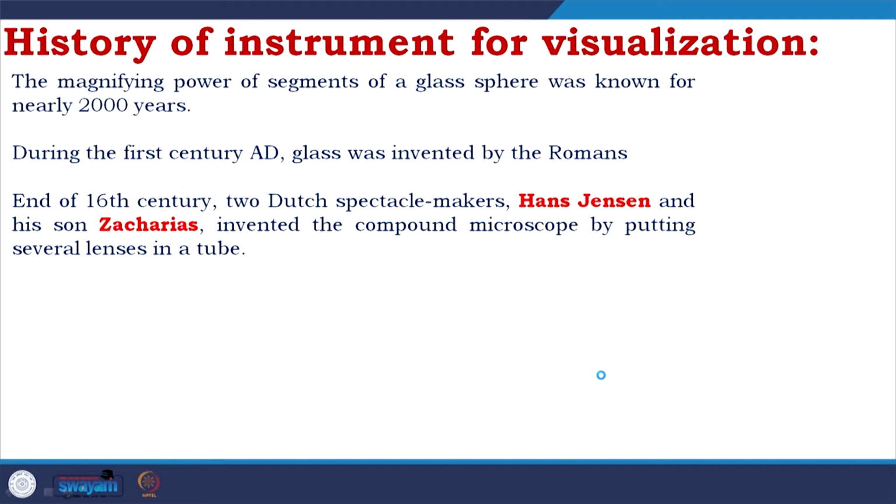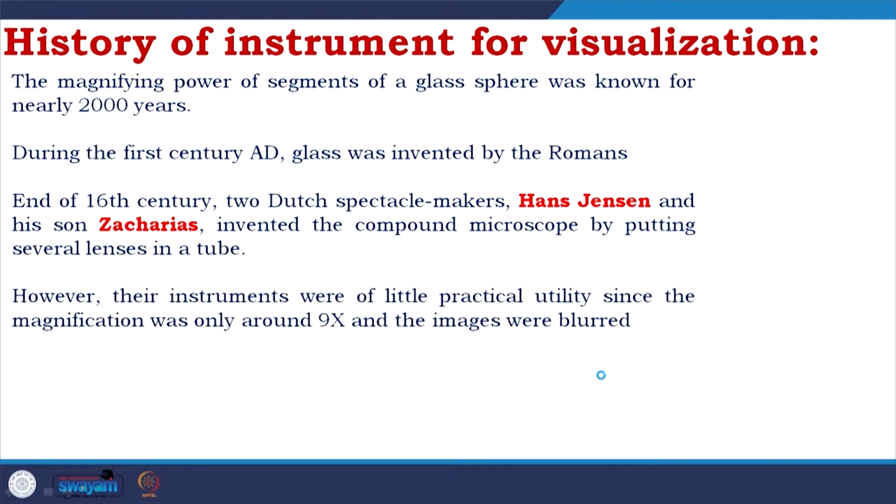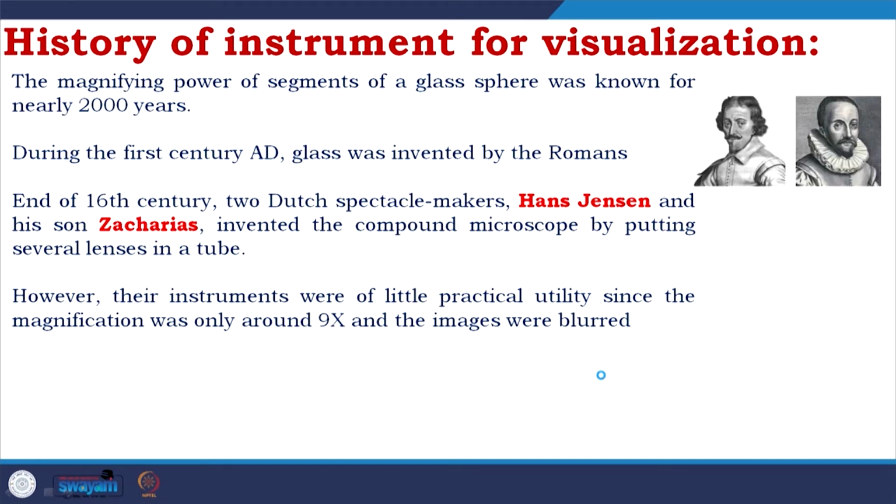So, before it was glass converted to a lens, but now they had developed a combination of lenses. However, their instruments were of little practical utility since the magnification was only around 9x and the images were blurred. So, this is Hans Janssen and Zacharias, and this is the microscope they invented.